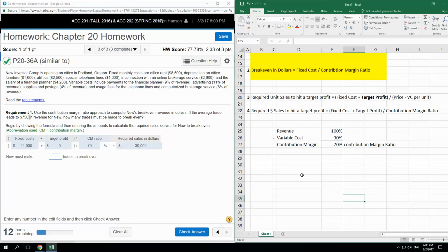So if I take the $30,000 in revenue and divide by the average trade, that would give me the actual units. So I take 30,000 divided by 750. So we need to have 40 trades. So that's the units, right? 40 trades to break even.